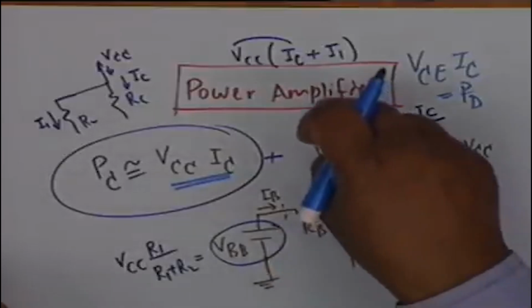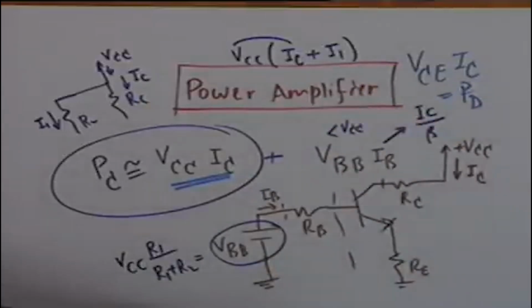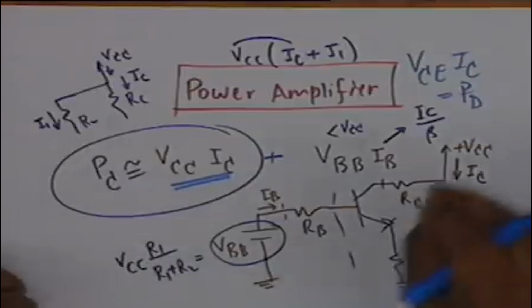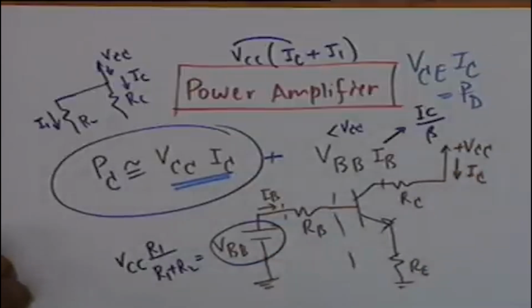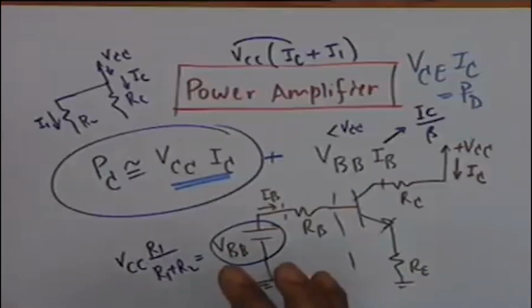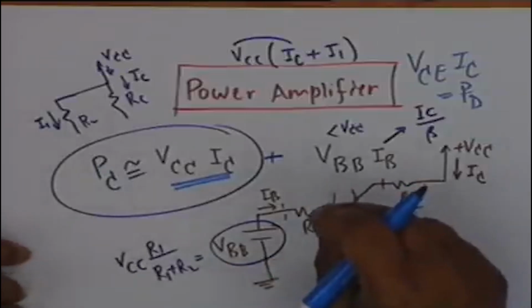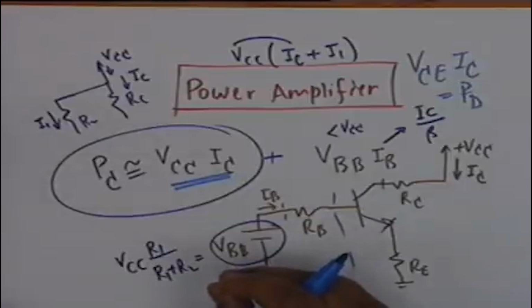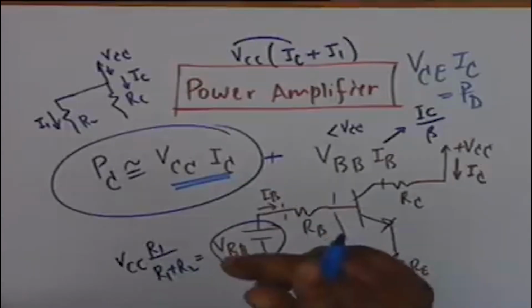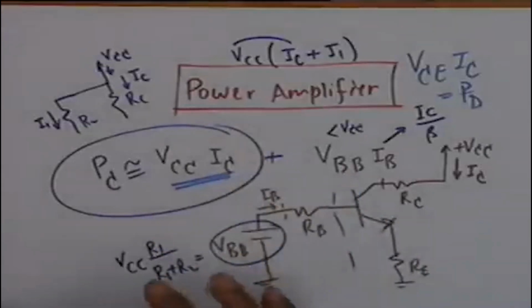On the other hand, power gain of a transistor is not output power divided by input signal power. Do you understand this? The input power from the signal would be very small. Sometimes you can feed a voltage without power.